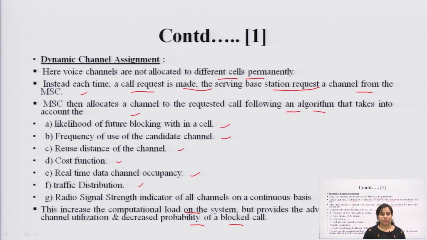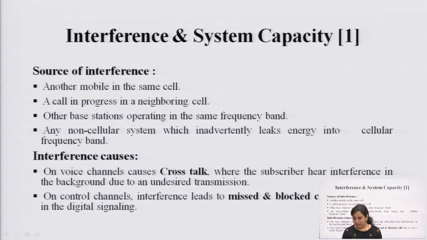In the case of dynamic channel assignment, it is on the basis of demand, and it is assisted by the MSC only. In the case of fixed assignment, if I want to borrow some channel, it is also assisted by the MSC. So, the MSC is the main part which is going to allocate the channel. So, this is dynamic channel assignment.